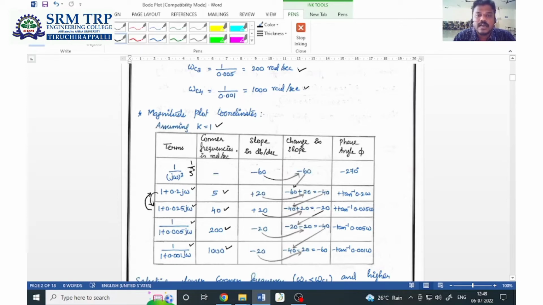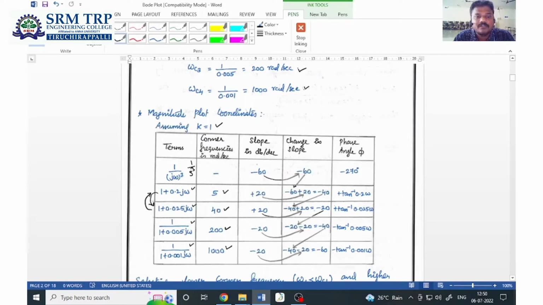Then after forming the terms, the second column is the corner frequency, which we already calculated in the previous step. So I can put in the corner frequencies, and for the first term there should not be any corner frequency. Then the third column is the slope. The slope is taken directly from s, whether it is present in the denominator or numerator, and the degree of that s.